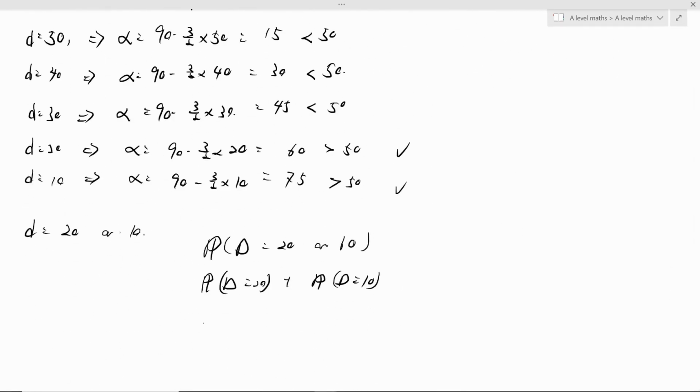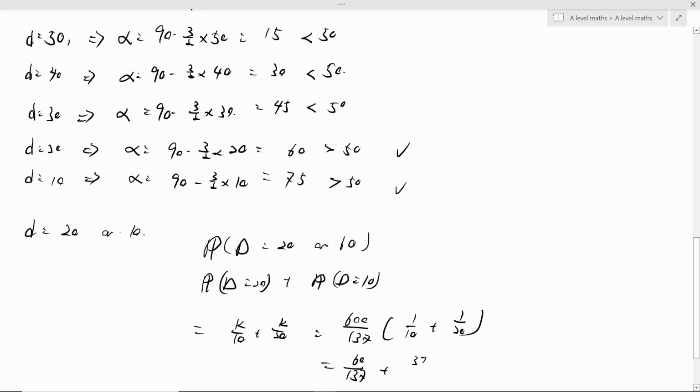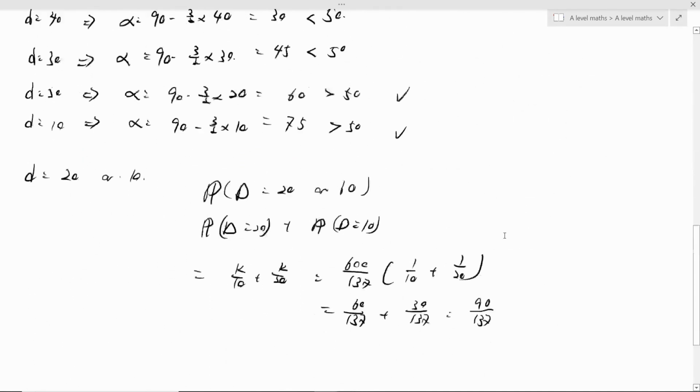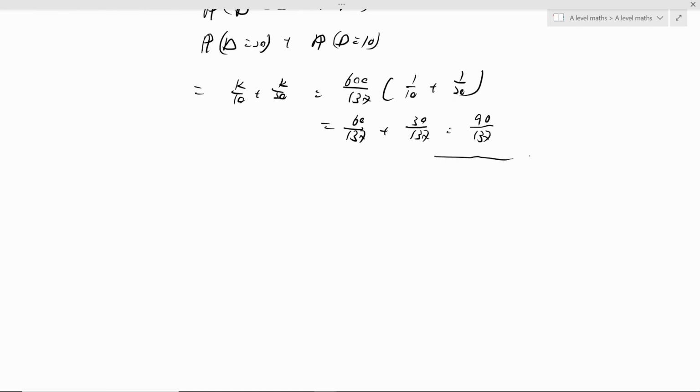So let's just do k over 10 plus k over 20, which is 600 over 137 times 1 over 10 plus 1 over 20. So 60 over 137 plus 30 over 137, so 90 over 137 is your required probability. Does it say? No, it doesn't say to approximate. It says exact probability, so let's just keep it in this form of fractions.